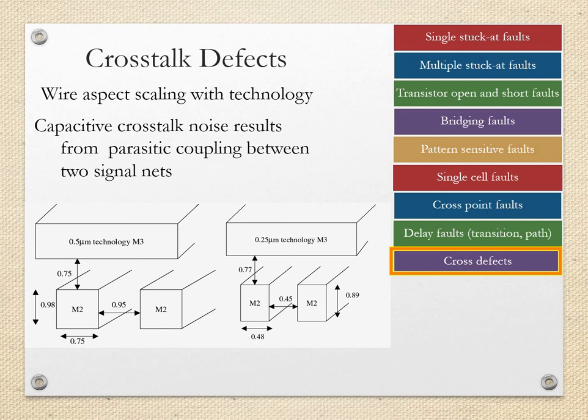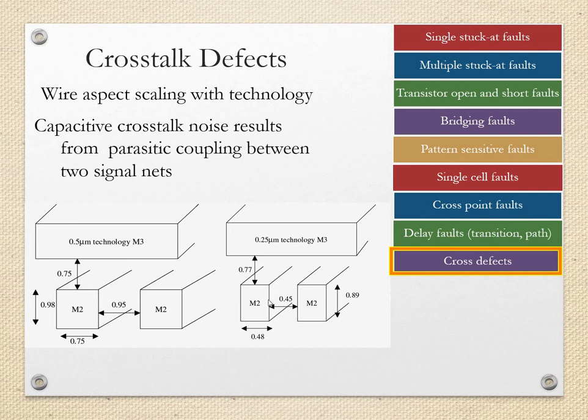And as the technology scale is reducing day by day, these dimensions are also reducing day by day. So this first diagram is for 0.5 micrometer technology, whereas the second diagram is for 0.25 micrometer. So naturally, as the technology scale has reduced by half, the width and spacing values will also get halved.